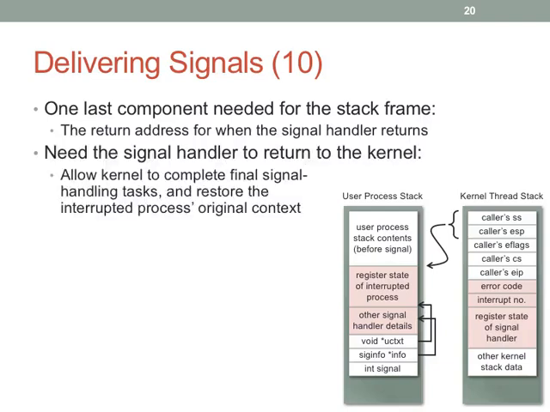This is where it becomes interesting, because you notice that we have the register state of the interrupted process on the user stack. We kind of need to get back to the kernel so that it can restore that interrupted process context. And you might say, well, why? I could just do that all in user mode. I could just restore the registers and so forth.